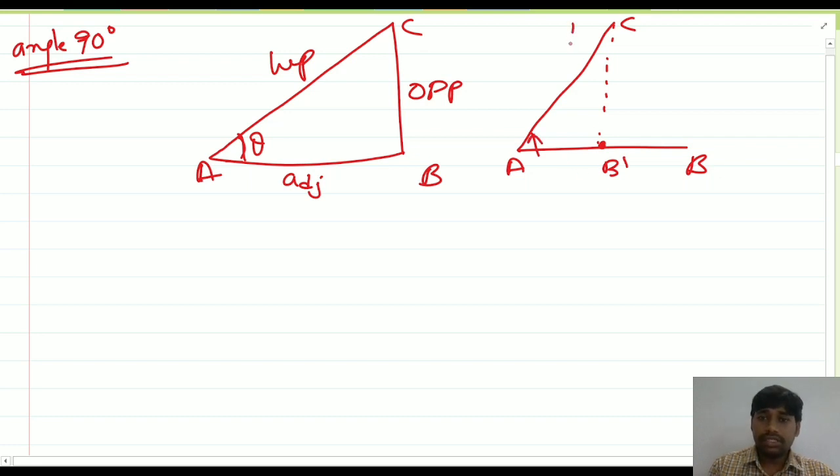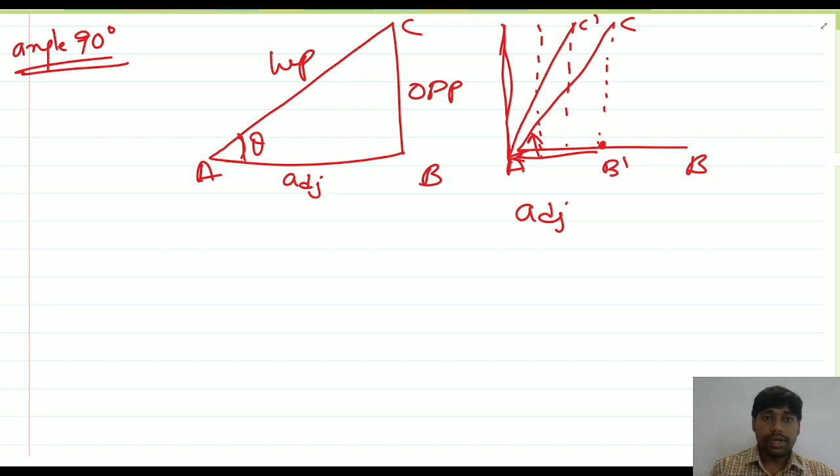Still if I increase, see that the triangle is formed like this, C dash. Still if I increase, there is a B double dash, which means this side is getting decreased. So now adjacent becomes 0, and here the side which is formed we call the hypotenuse.